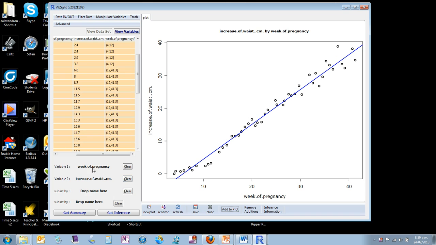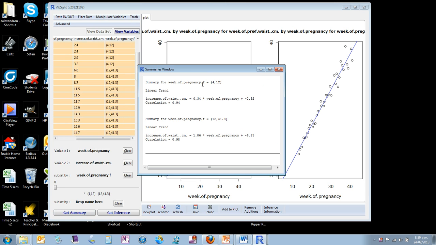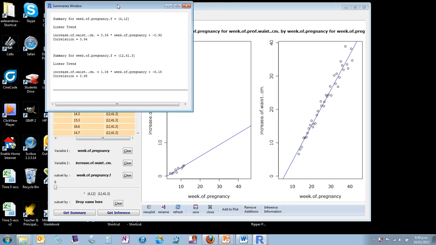So what we do now is, with our plot variables here, we drag this break variable into what we sort by, and we've got two separate graphs here, each of them with its own separate regression line. If I get the summary for these plots, I've got two separate summaries. I've got my 4 to 12 weeks here with this particular equation, and my 12 to 41 weeks here.